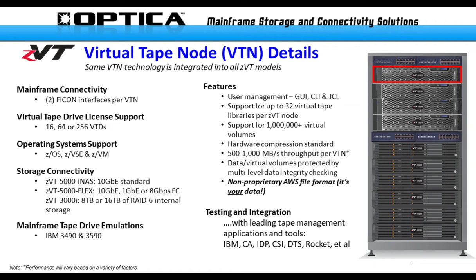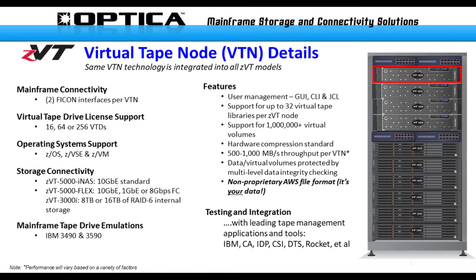So you have some nice flexibility for management and control. In terms of virtual tape libraries, 32 are supported per virtual tape node. In terms of virtual volumes, our largest customer has over 1 million, and we've tested well over 1 million in the lab, so we can support a very high number of virtual volumes in a single system. I mentioned hardware compression, that's standard across all models.